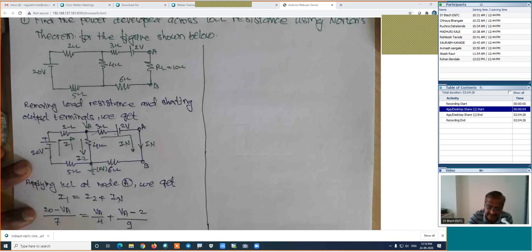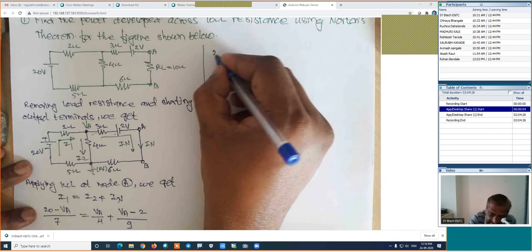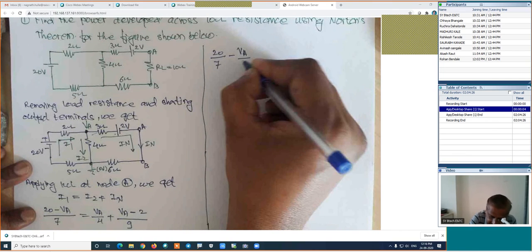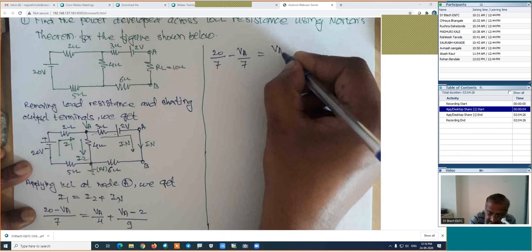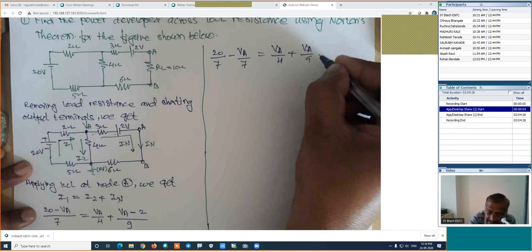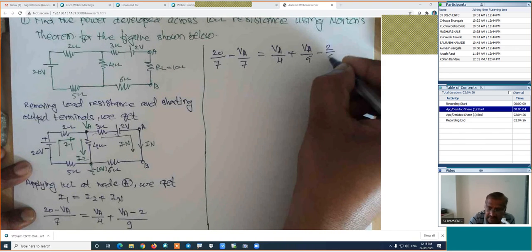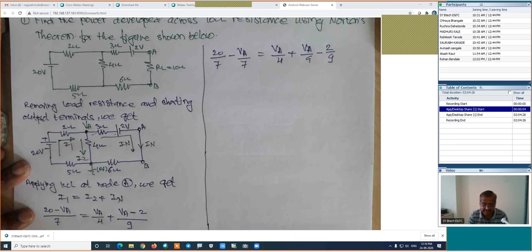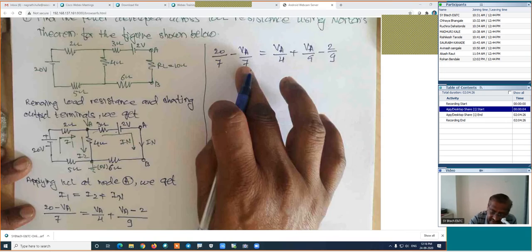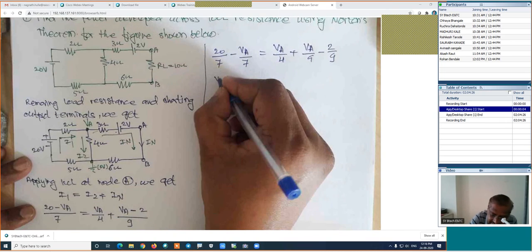Now simplify this equation. It is 20 divided by 7 minus VA divided by 7, which is equal to VA divided by 4 plus VA divided by 9 minus 2 divided by 9. That is the equation. If we are simplifying this equation, I will shift this VA to the other side and take it as common.